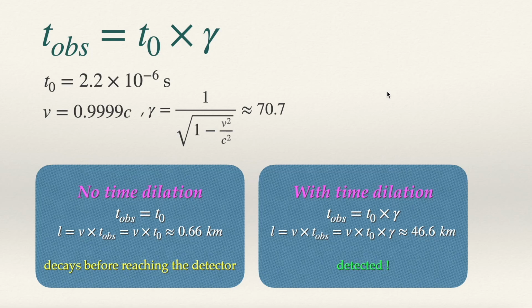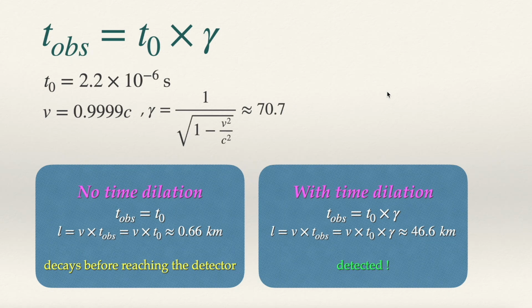So as you know, the mean lifetime is 2.2 microseconds. Velocity is 0.9999 times the speed of light. And the gamma factor, if we compute it, turns out to be 70.7. So in the muon's frame, its lifetime is 2.2 microseconds.